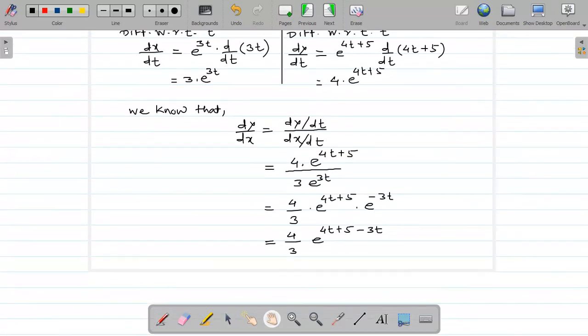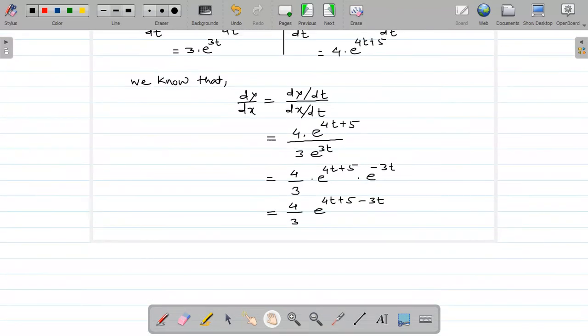And hence we get 4 by 3 into e raised to t plus 5, because 4t minus 3t will be t, and we get this as the final answer, that is dy by dx.